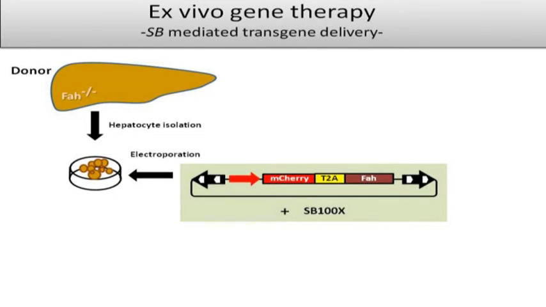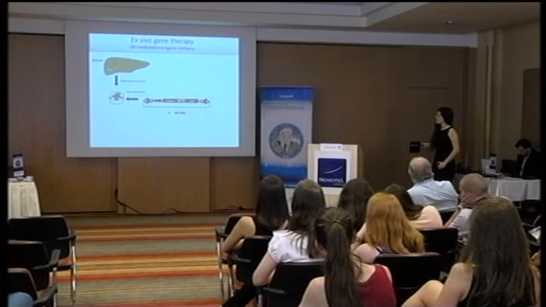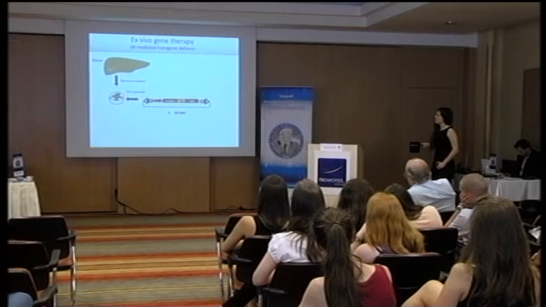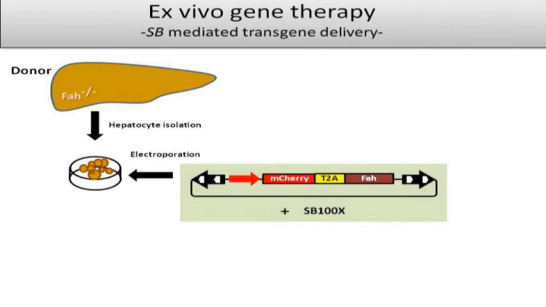We utilize this approach to create an ex vivo gene therapy system in which we isolate hepatocytes from an FAH deficient donor and electroporate them with a Sleeping Beauty transposon construct, which contains a fluorescent marker gene and the therapeutic FAH gene linked with the T2A peptide, which enables ribosome skipping during the translation of these two separate proteins.